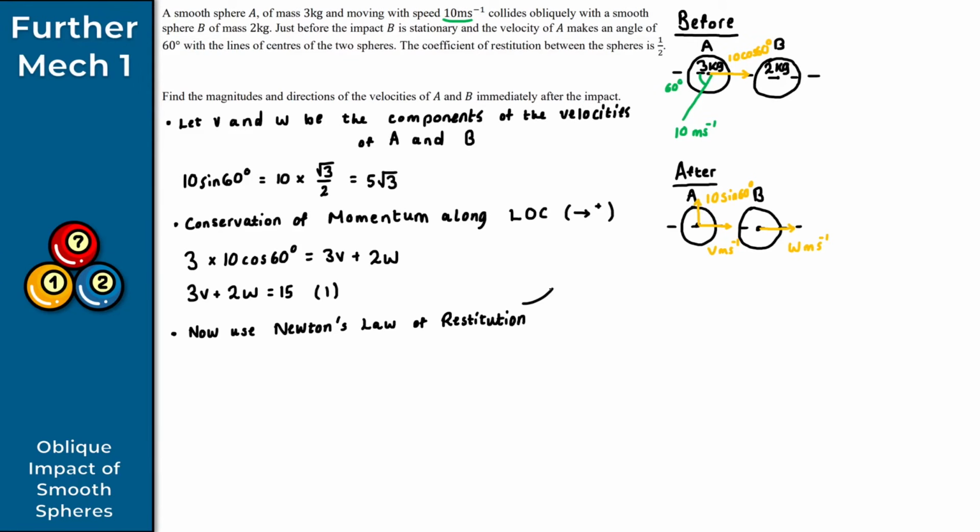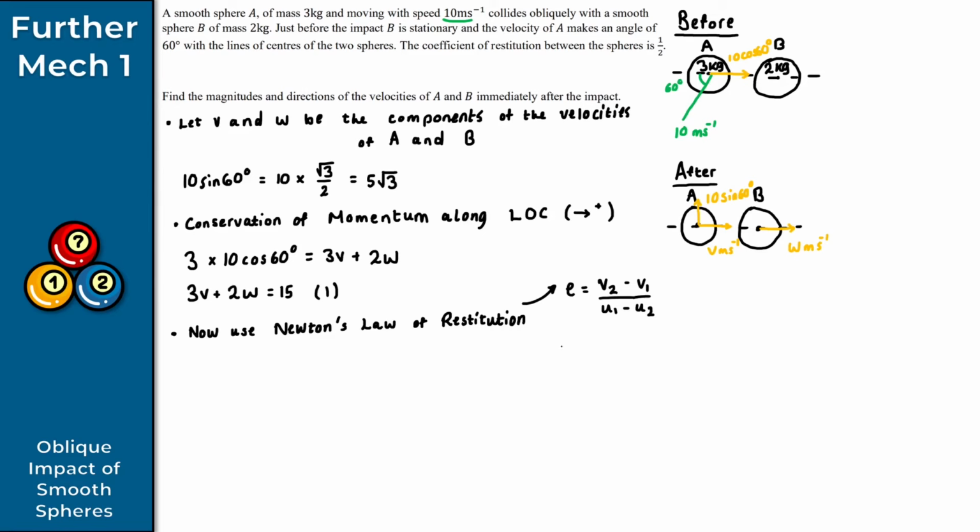So to make life easier here, don't forget then that E, the coefficient of restitution, is equal to V2 minus V1 all over U1 minus U2 here. So to make my life easier as well, what I'll do here is just multiply through by U1 minus U2. So V2 minus V1 is equal to E times U1 minus U2.